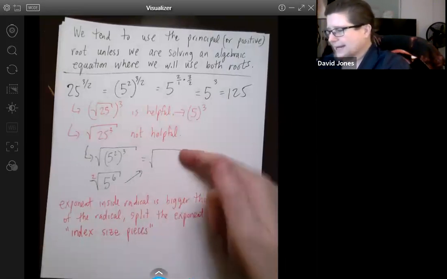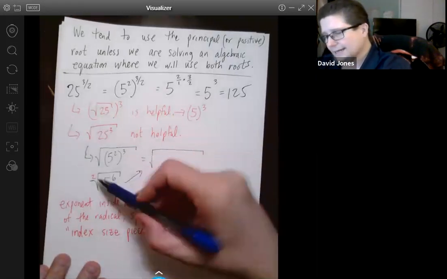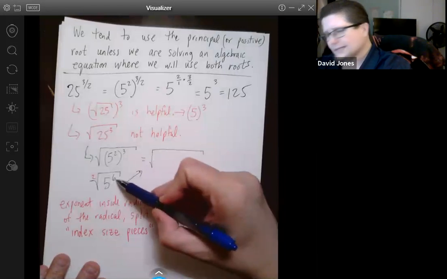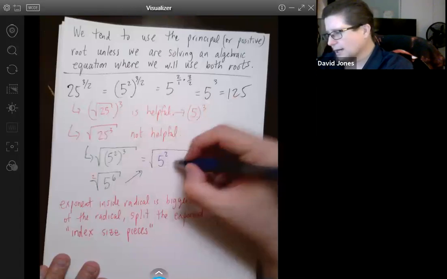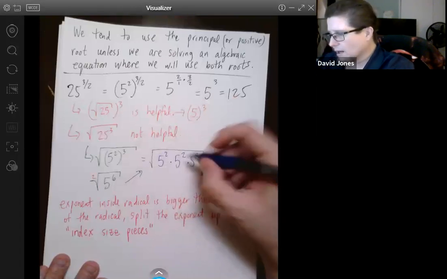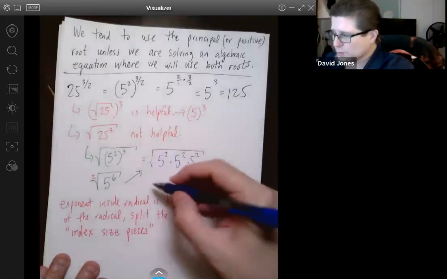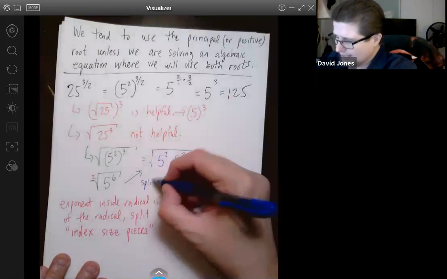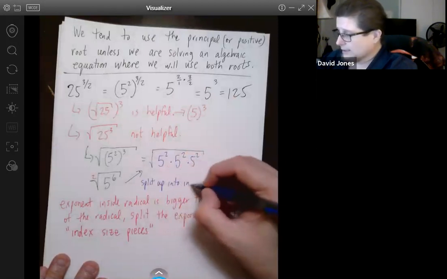And I'll show what I mean here, and then I'll give you another example real quick. So the index is 2. I'm going to split 6 up into terms of 2. So I've got a 5 squared, and a 5 squared, and a 5 squared. 2 plus 2 plus 2 is 6. That works. That's split into index size pieces.